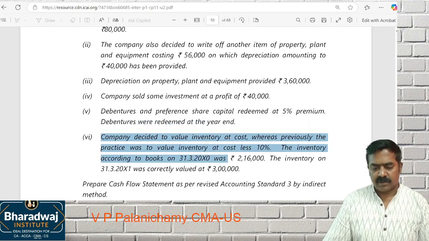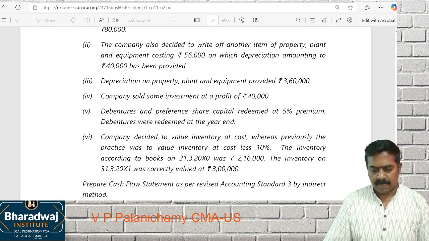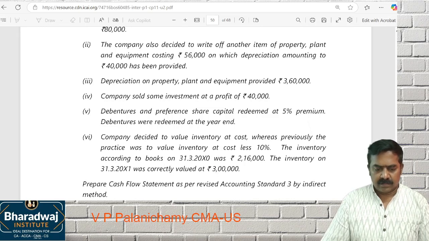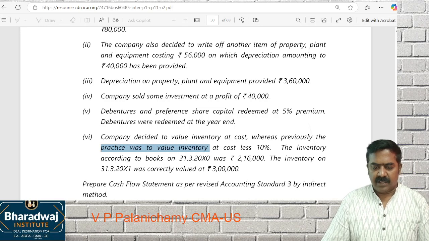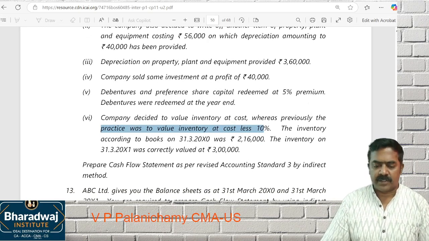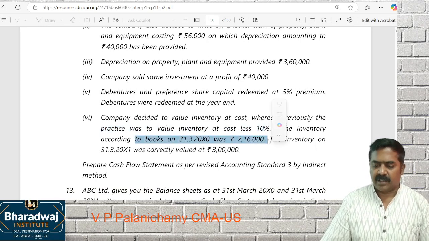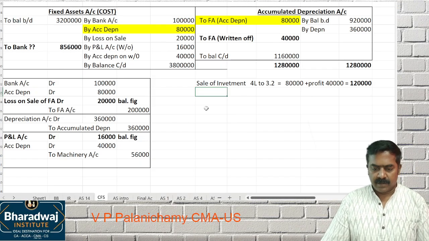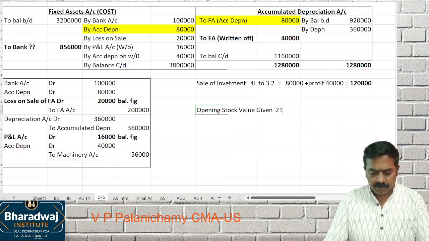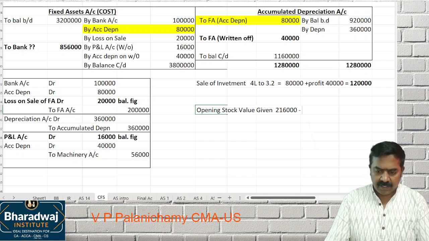Look at this point number 6. Previously, the practice was to value at cost minus 10%, which means opening stock is valued at cost minus 10%. What is the opening stock value given? 2 lakh 16,000, which is equal to 90%.